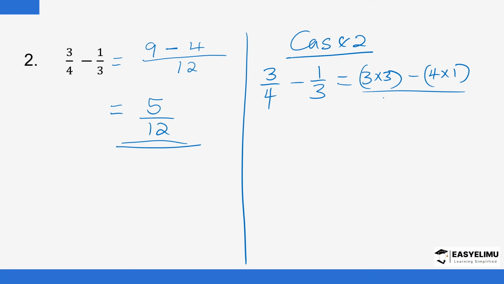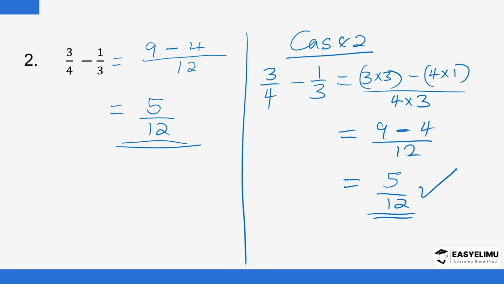And then you remember to multiply the denominators, 4 by 3. So that is going to give us 9 minus 4 over 12. Again, 9 minus 4, that is 5, and then you divide by 12, and that is just the same as the previous answer that we obtained when we used the first method of finding the LCM.